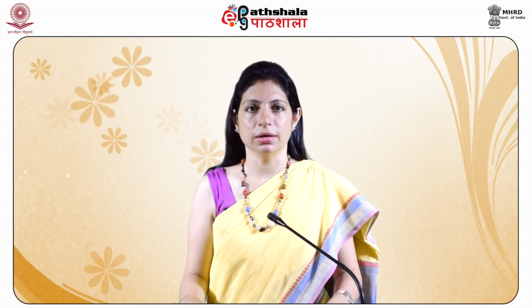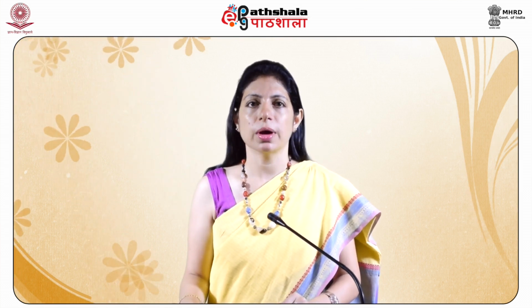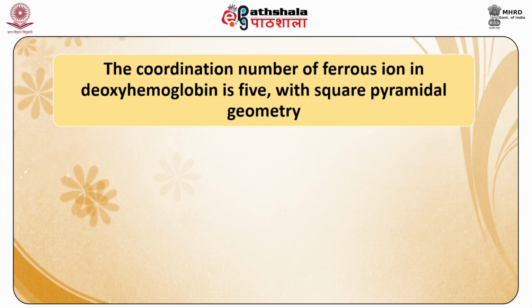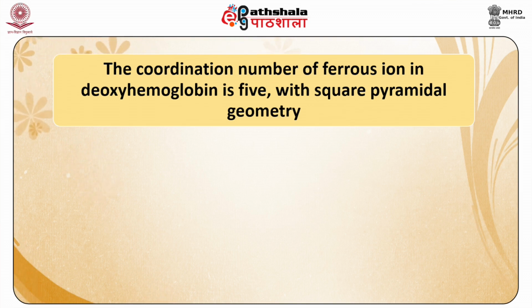We have already learnt in Module 19 that hemoglobin is a tetramer with 4 subunits. Each subunit of hemoglobin contains a single molecule of heme and a polypeptide chain, also referred to as the globin. Heme is a ferrous protoporphyrin complex. In hemoglobin, the coordination number of ferrous is 5 with a square pyramidal geometry.